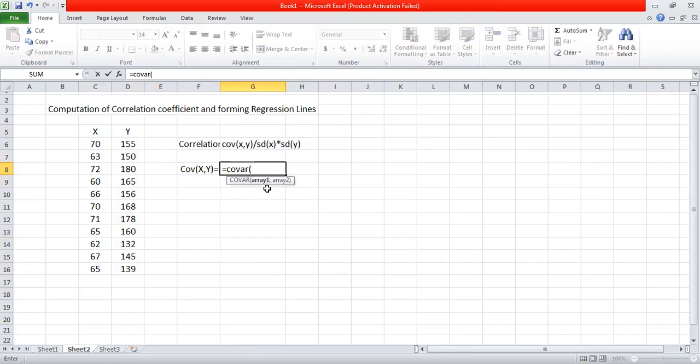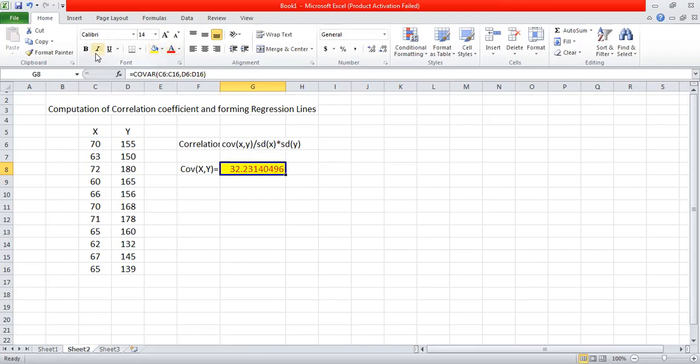Here we have array 1, comma, array 2. That means first the X values, comma, then the Y values we have to select. So first I'm selecting the X values, comma. Now select array 2, that is the Y values. By simply using the COVAR function, now press enter, and we get the covariance value.